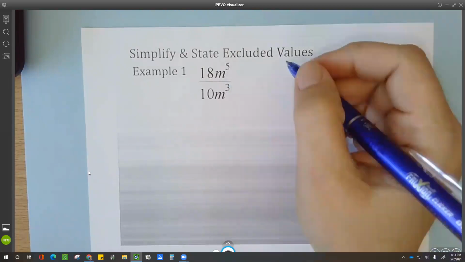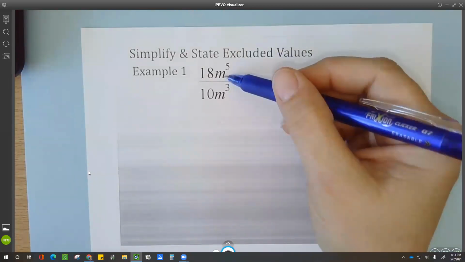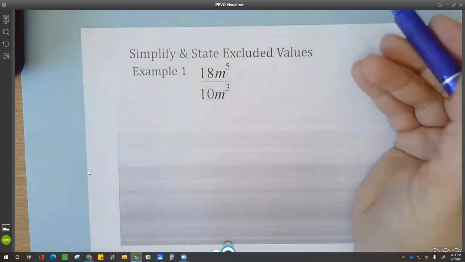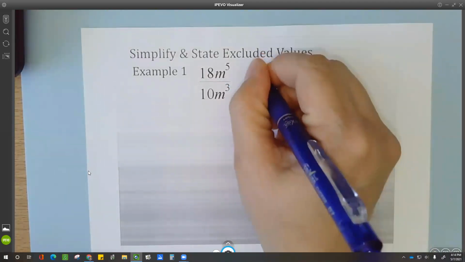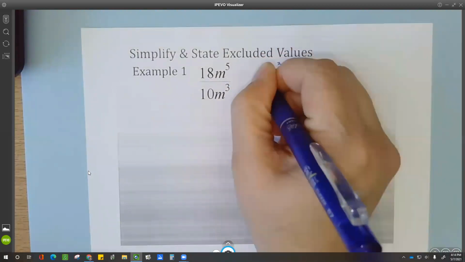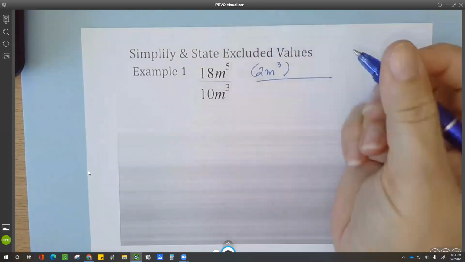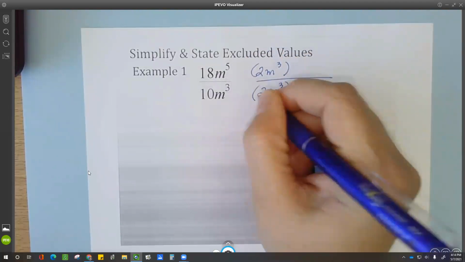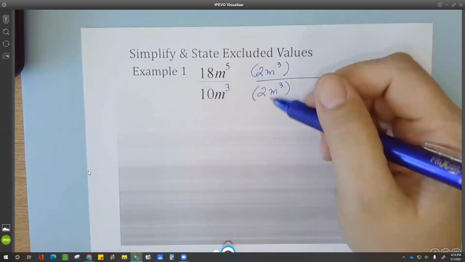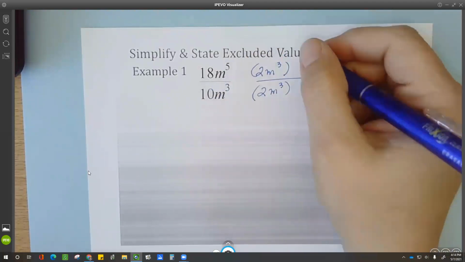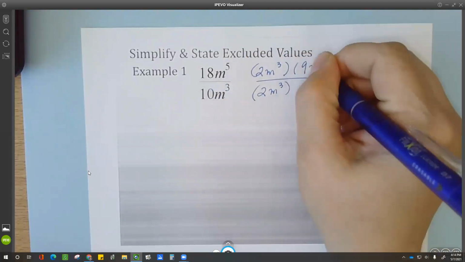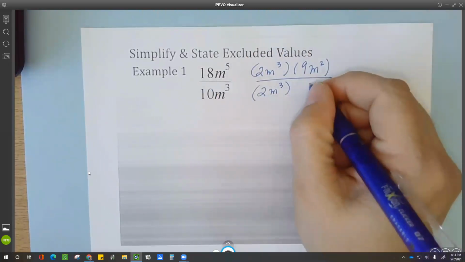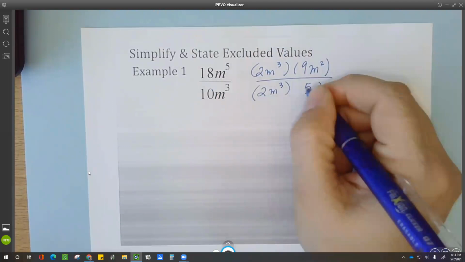So I would say greatest common factor is going to be 2m to the third. So for the numerator, I'll factor out 2m to the third and write what I have left. And in the denominator also, I'll factor out 2m to the third and write what I have left, which will be 9m squared in the numerator and 5 in the denominator.